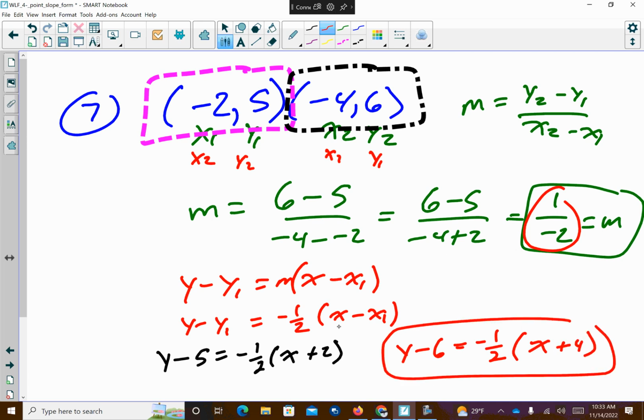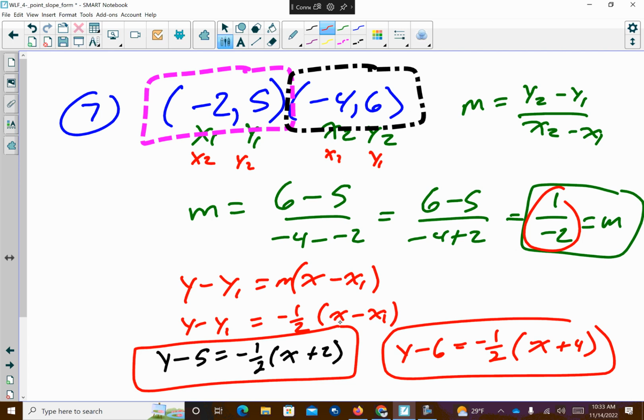Both of these answers are 100% correct. But y minus 5 equals negative 1/2 x plus 2 looks a little different than y minus 6 equals negative 1/2 x plus 4. Agree? They are the exact same linear equation.